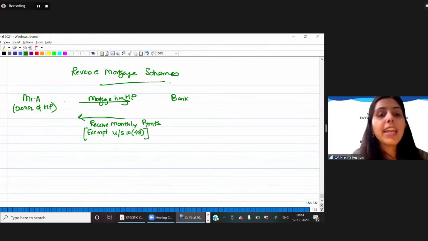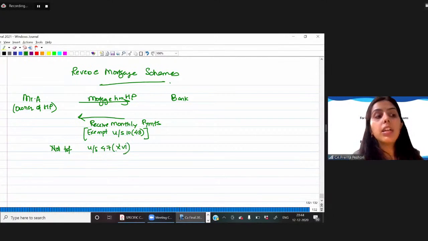And this mortgage of house property is considered as not transfer under section 47(16). Clear? So reverse mortgage schemes refer to that you mortgage your house property, you receive monthly payments, that will be exempt, and it will not be considered as transfer also.